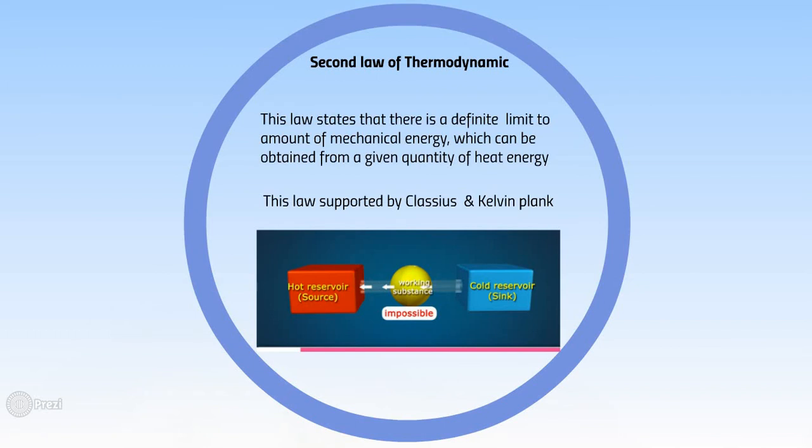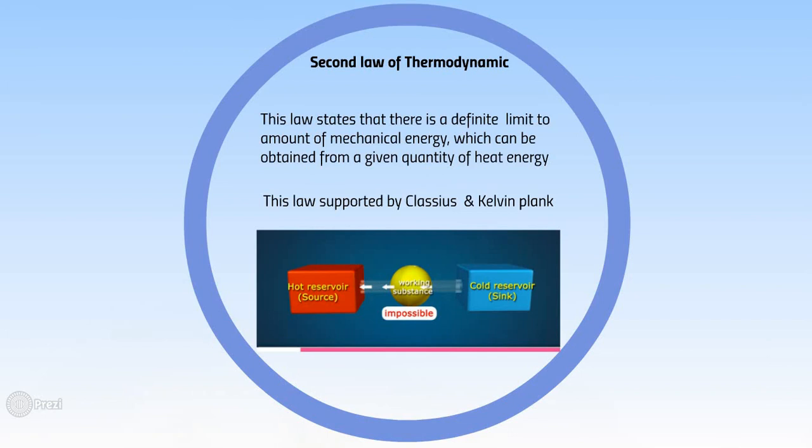Second law of thermodynamics. This law states that there is a definite limit to the amount of mechanical energy which can be obtained from a given quantity of heat energy. This law is supported by Clausius and Kelvin-Planck.